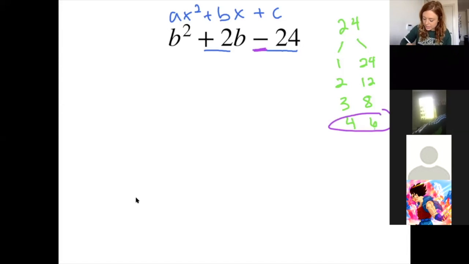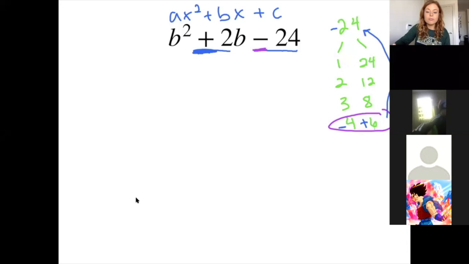Because if this was a negative 24, one of these would have to be negative, either the 4 or the 6. Whichever one is the bigger number is going to have whatever the sign is right here in front of the B term. That's a positive 2, so my 6 would be positive and my 4 would be negative, because negative 4 times positive 6 gives me a negative 24.